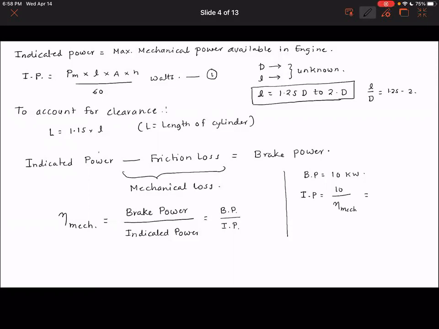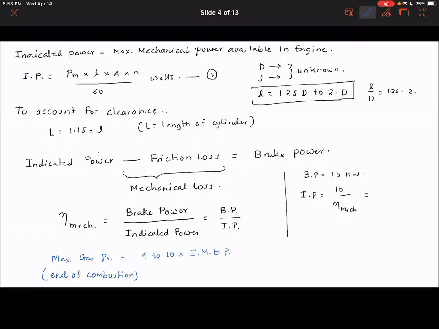Now, just to add something to keep in mind: the maximum gas pressure, typically at the end of combustion, is 9 to 10 times the indicated mean effective pressure.